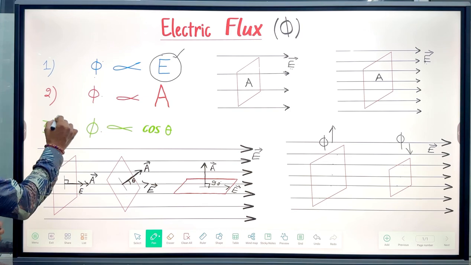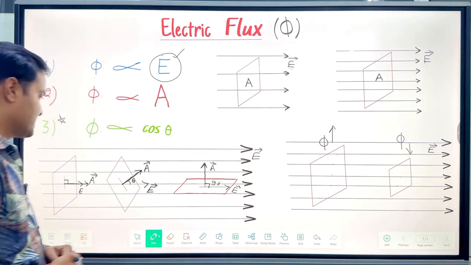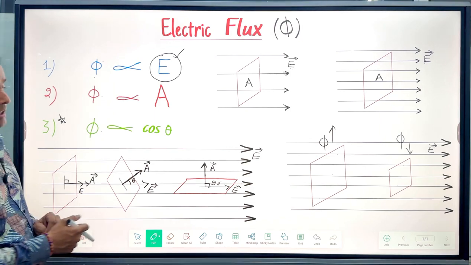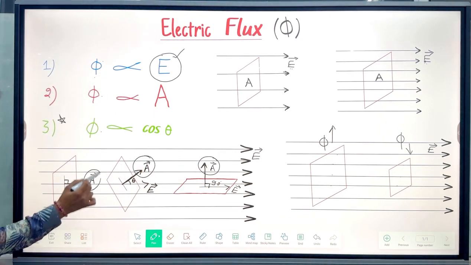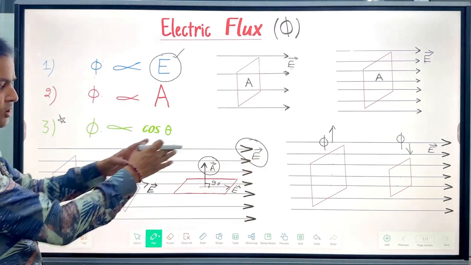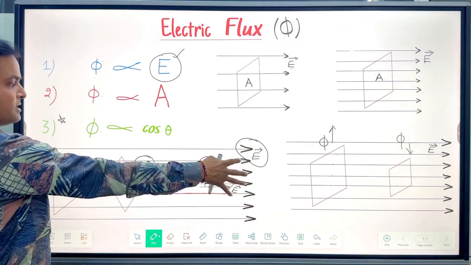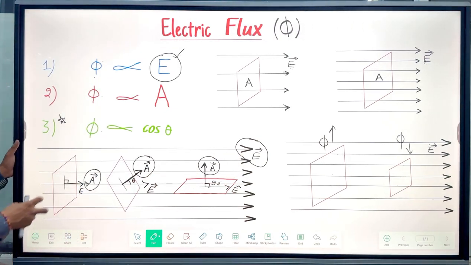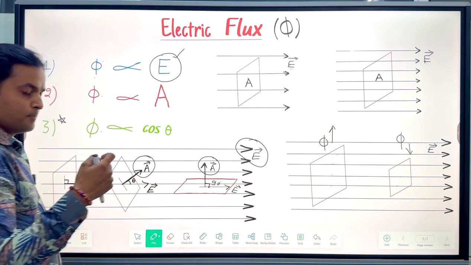The last and most important concept, number 3, is based on the angle between the area vector and the direction of electric field. The direction of electric field is from left to right in the whole region. Take three positions of a plane.